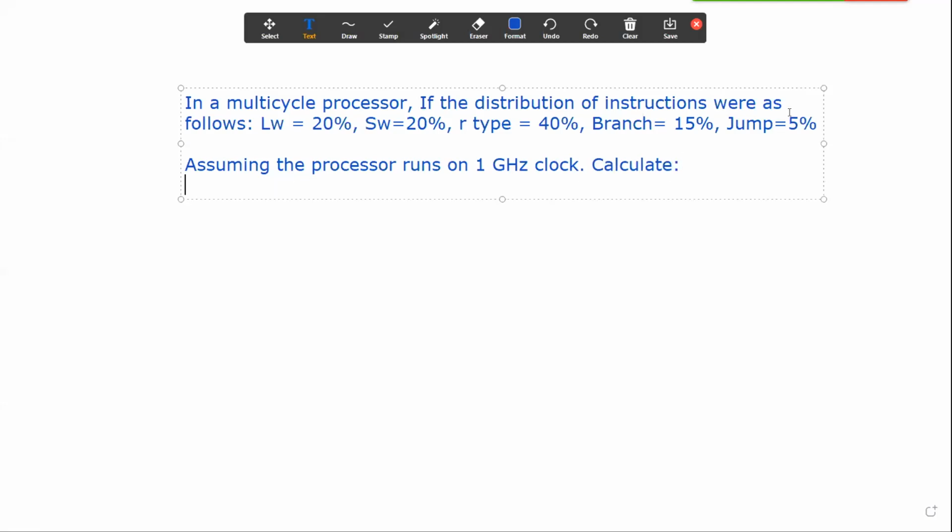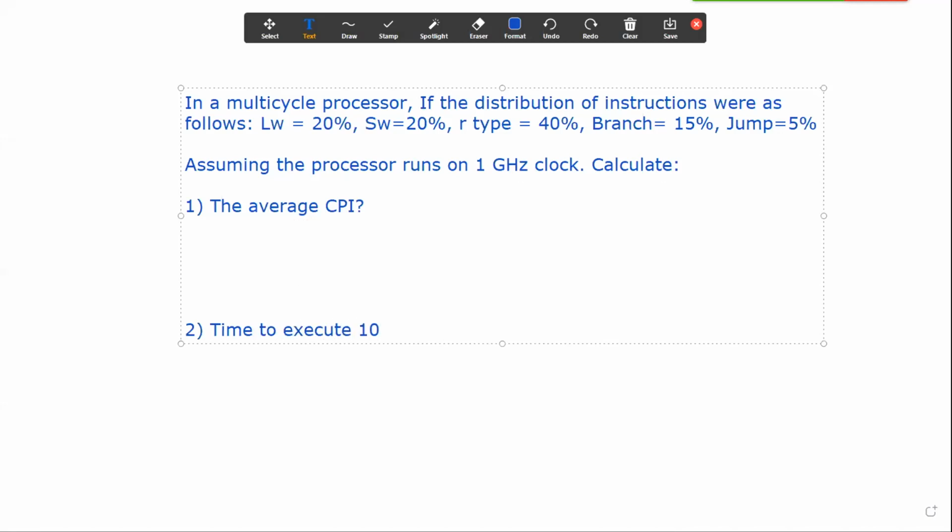Calculate two things. So this is a multi-cycle processor.